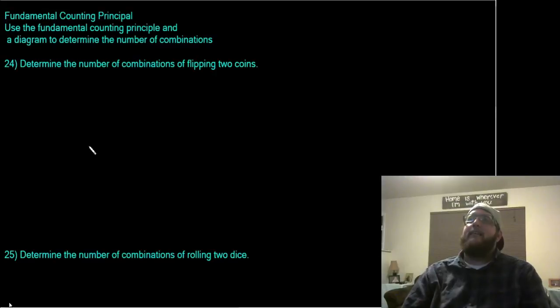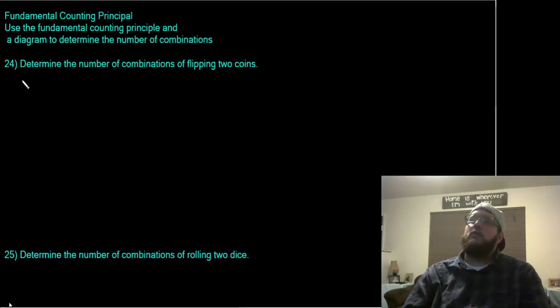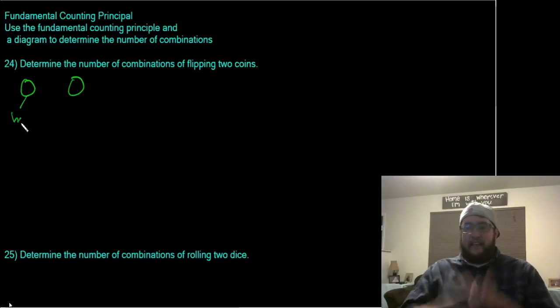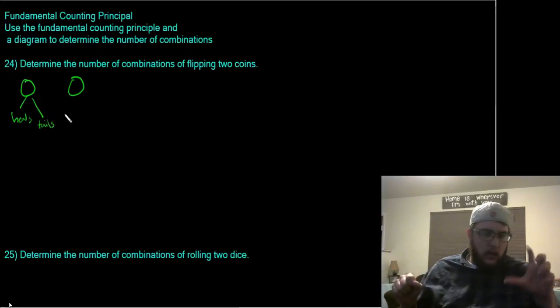Alright, we're going to use the fundamental counting principle to determine these. We also have to draw a graph of some sort. We'll use a diagram. So determine the number of combinations of flipping 2 coins. Alright, so we've got 2 coins. And each one of these coins could be heads or tails.